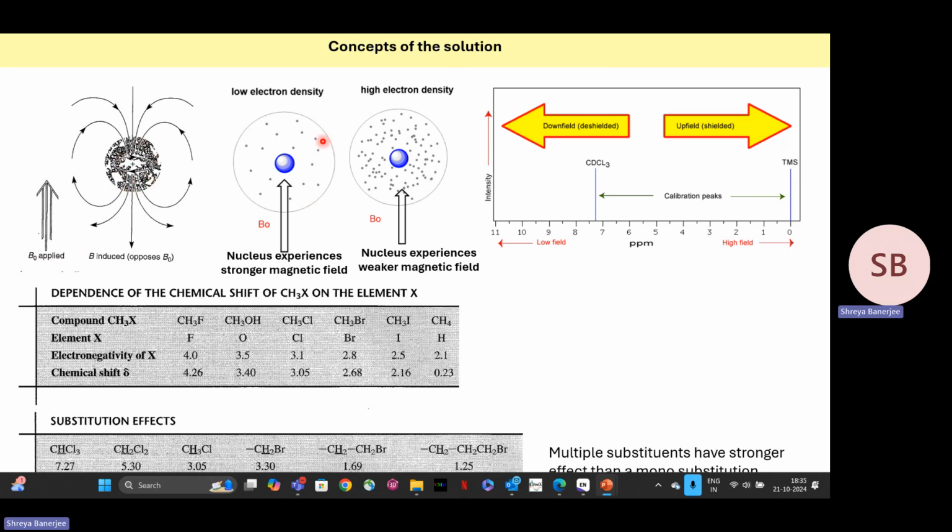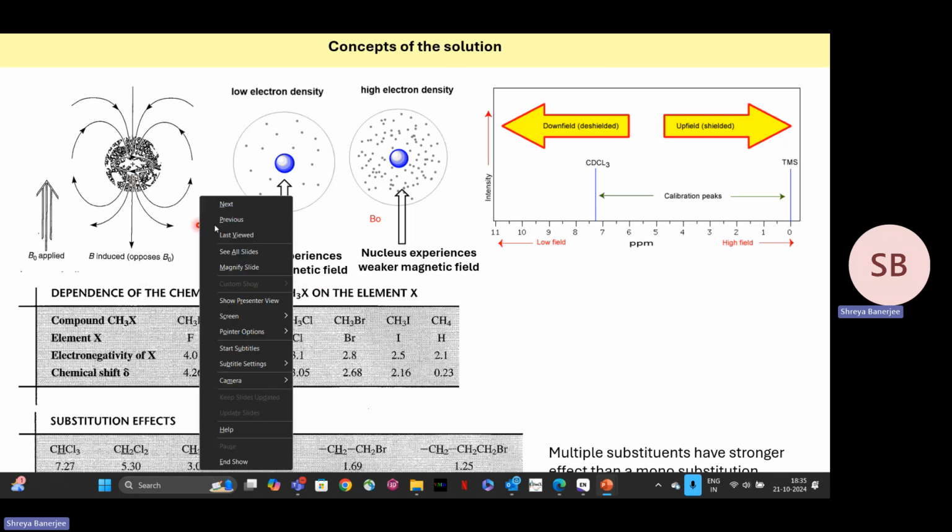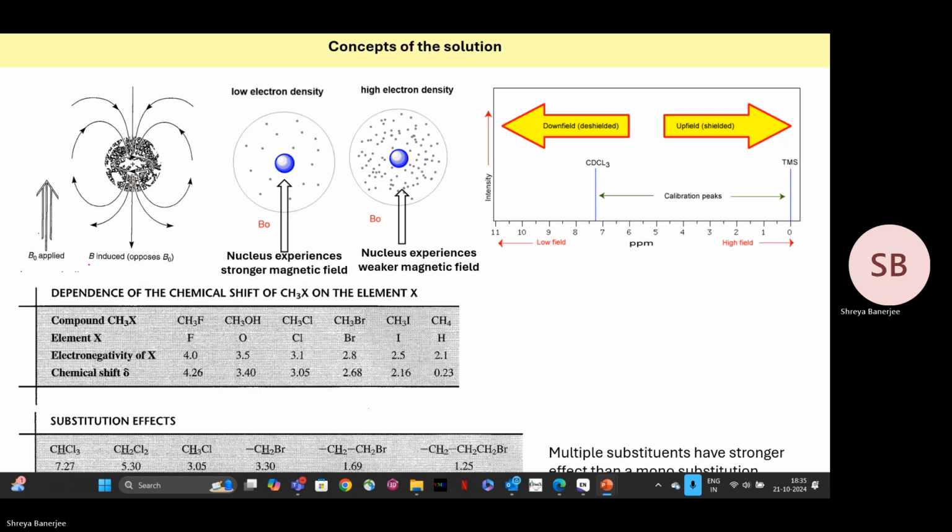And so you can see here, if you have lowered electron density, so less number of electrons surrounding the nucleus, then the net magnetic field will be stronger. Let us consider the net magnetic field as the original magnetic field of the spectrometer B0 minus the induced magnetic field.